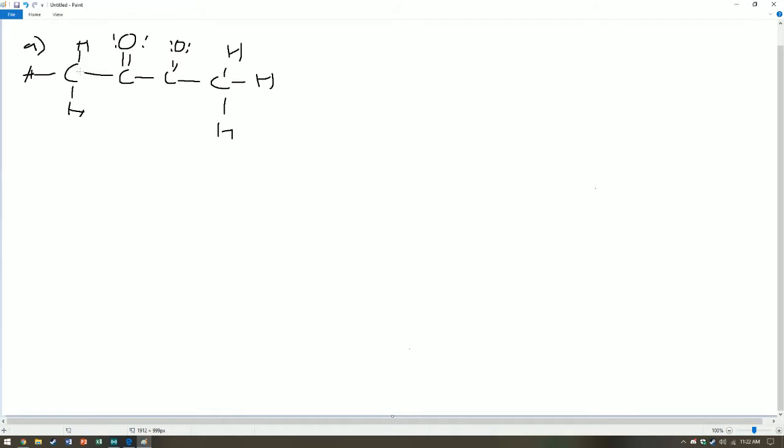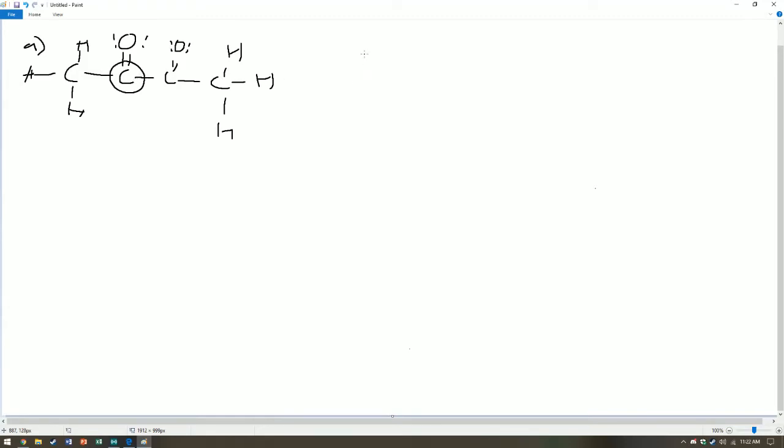So all these CCO, CCO. To make our lives easier, we're going to call this the central atom, and that has 1, 2, 3 electron domains.